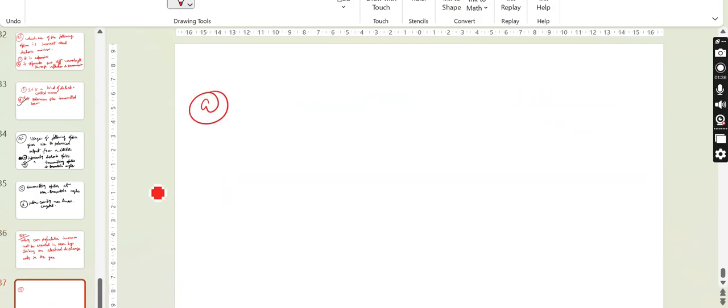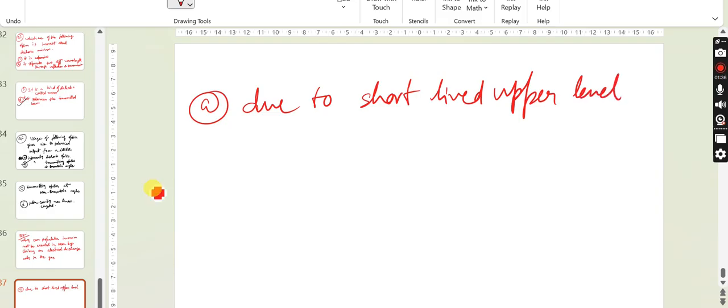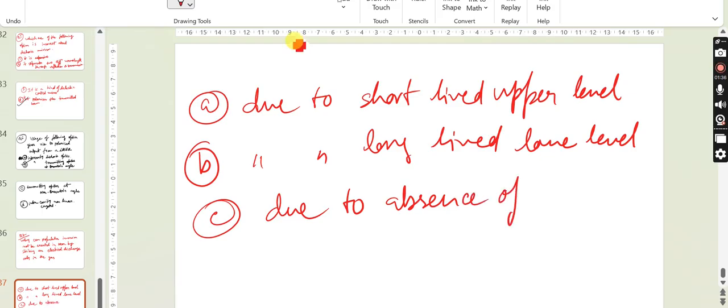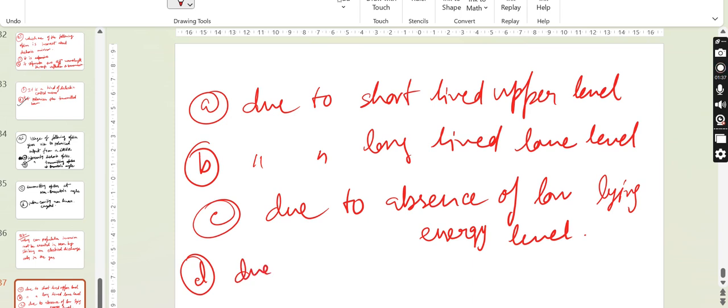Options are: A, due to short-lived upper level; B, due to long-lived lower level; C, due to absence of low-lying energy level; D, due to presence of no line.